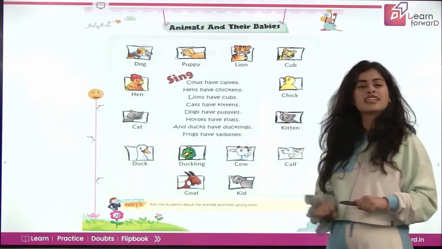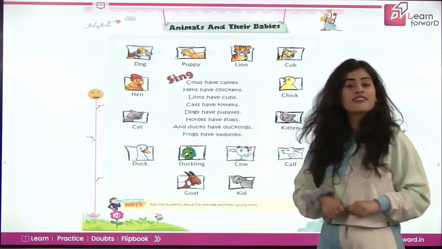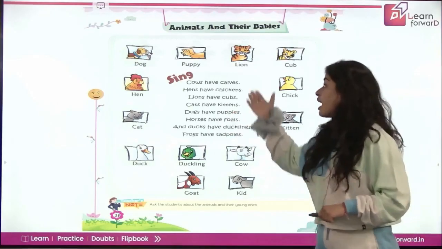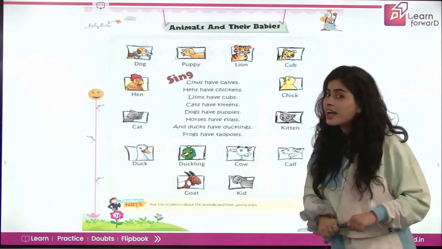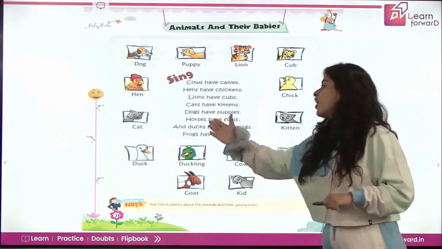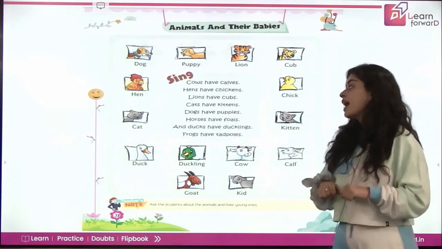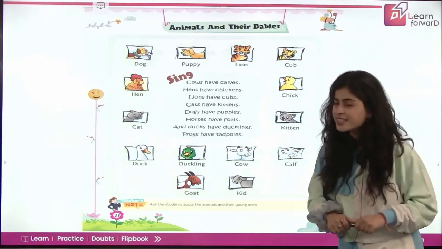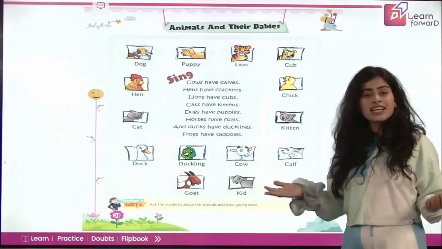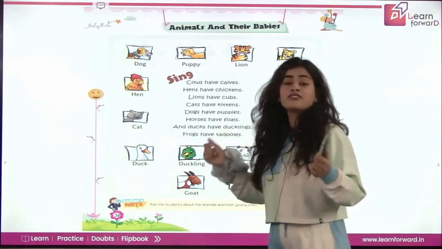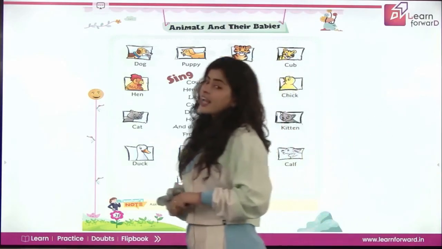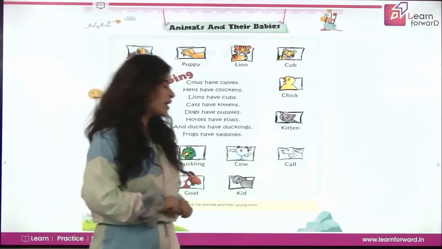Cats have kittens. Dogs have puppies. Horses have foals. And ducks have ducklings. Frogs have tadpoles. Very good.